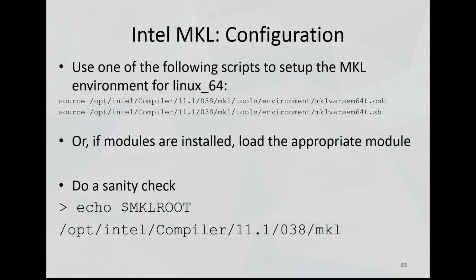So we have a number of scripts. We can run these things to set them up. So our compiler libraries allow us to set environment. There's a C shell and just a normal bash shell type version of doing it. If we were running modules, which I'm going to have to go over before this is done, I'll do a separate loaded lecture before the end where I show how modules work.